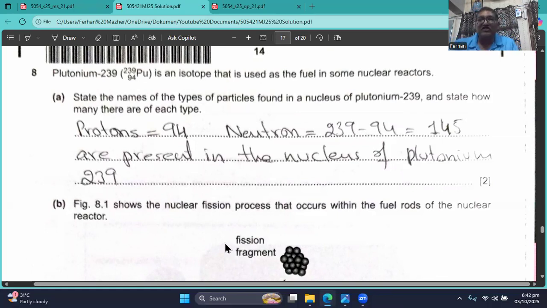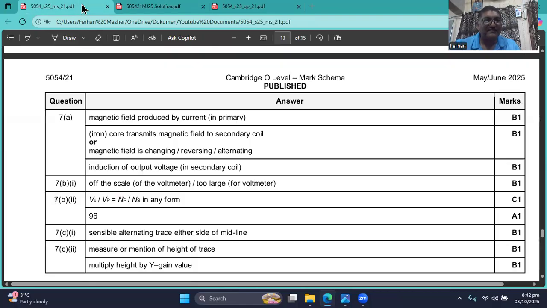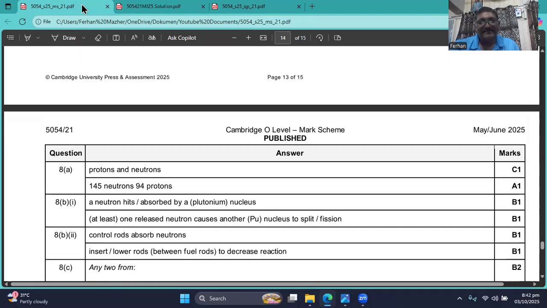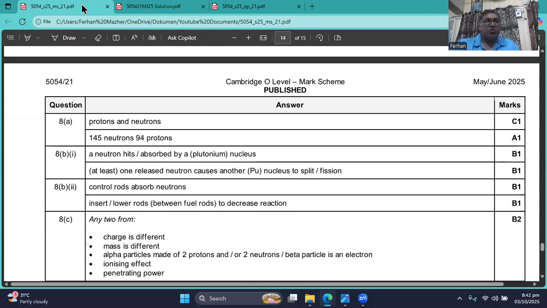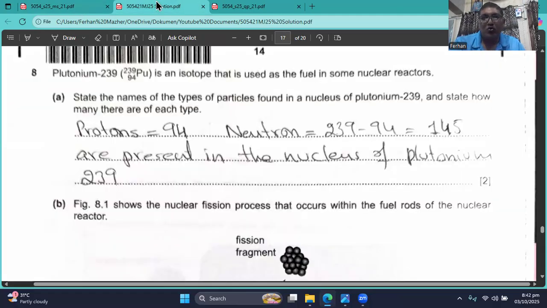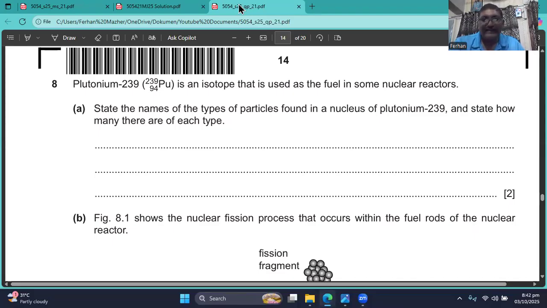So there are 94 protons and 145 neutrons in the nucleus of plutonium-239. I hope you understand this.